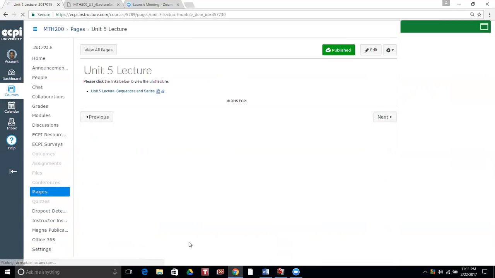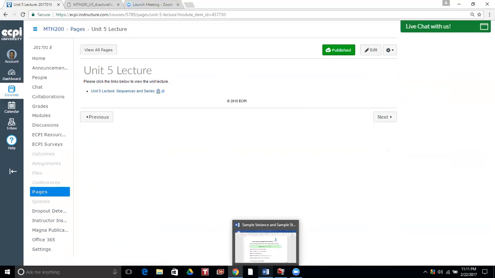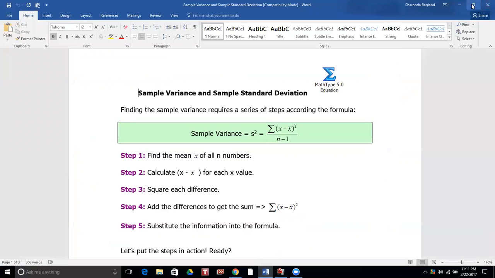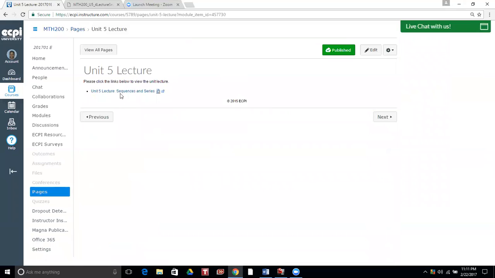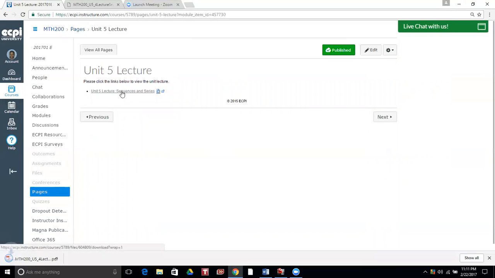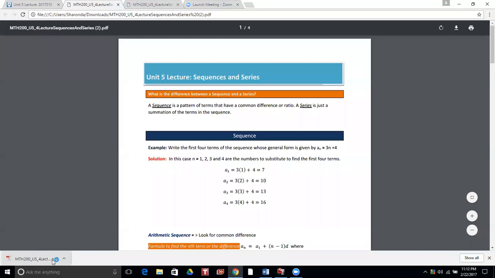I just give you some brief notes on what a sequence is, what a series is, how to calculate an arithmetic sequence, a geometric sequence.